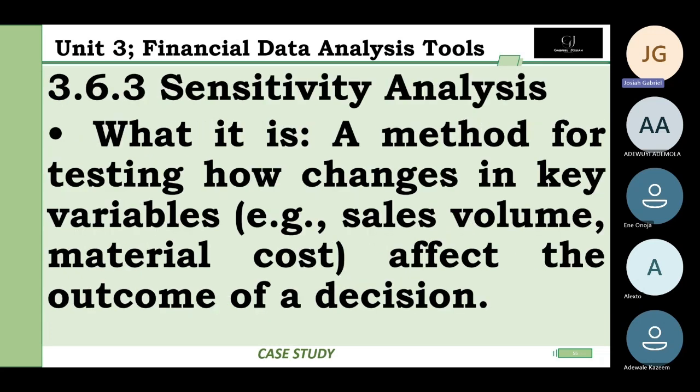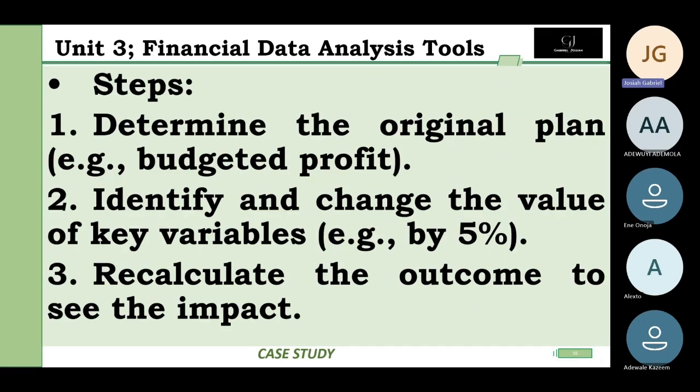It tests how changes in these key variables affect decision making and possible outcomes. After you've identified the change and the values of the key variable, you recalculate the outcome to see the impact. What will the impact be after you've moved your budget from a particular percentage to a particular percentage?